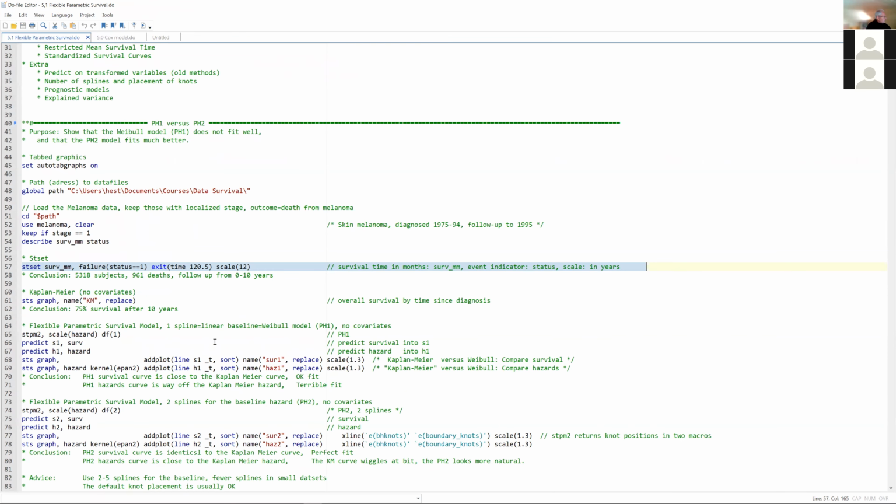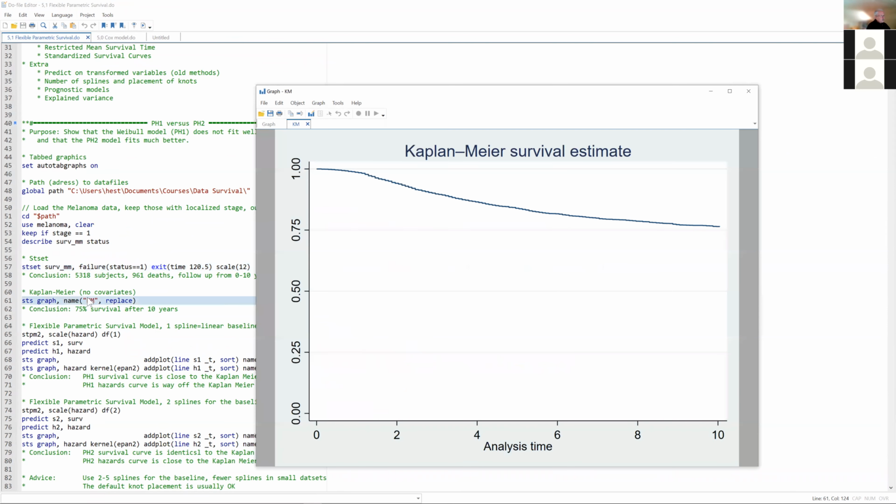I can do the Kaplan-Meier plot now with no covariates, just sts graph. And here we see that survival is fairly good. Around 75% of people survive more than 10 years after their diagnosis of melanoma skin cancer.